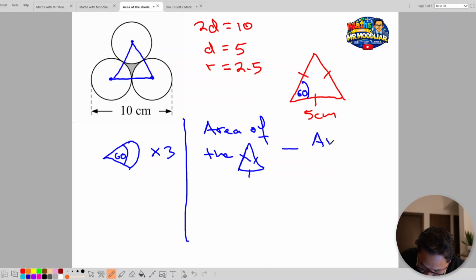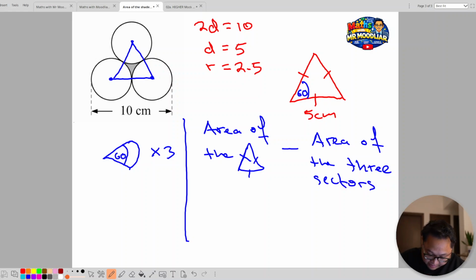So area of, how many sectors do we have? Three. The area of the three sectors. Okay, that's what we have. That's how you work out the area of the shaded region.